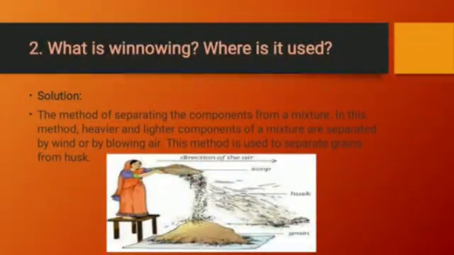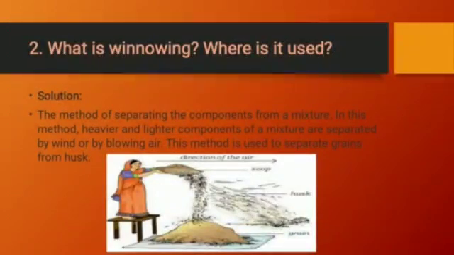It is the process used to separate heavier and lighter components of a mixture by wind or by blowing air, and it is called winnowing because of the wind. By the help of wind only we can separate some things.